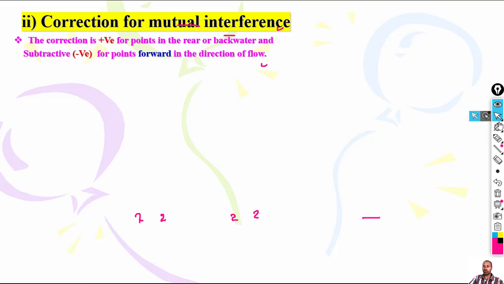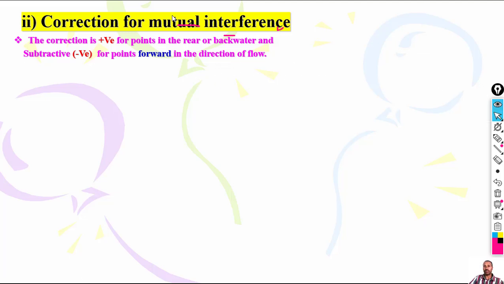So now let's go to correction for mutual interference. The correction is positive for points in the rear or backwater, and subtractive or negative for points forward in the direction of the flow.